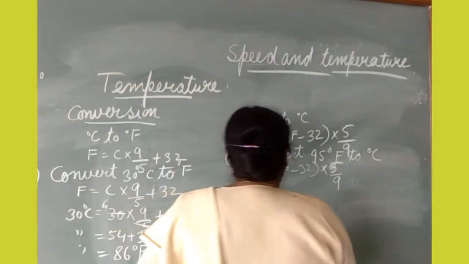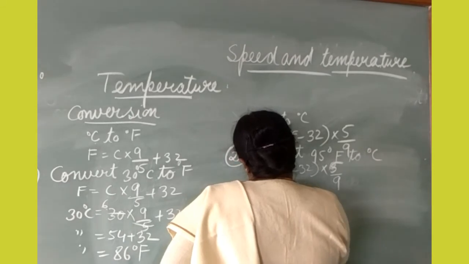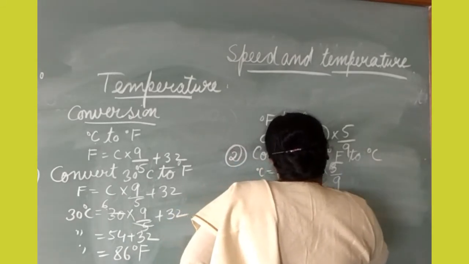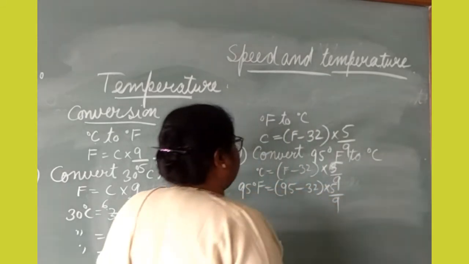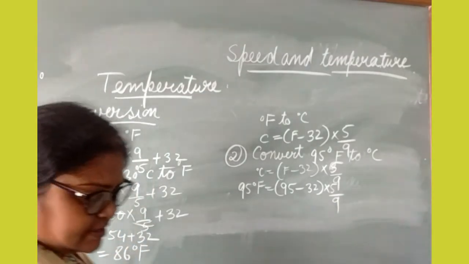95 degrees Fahrenheit equals (95 minus 32) into 5 by 9.